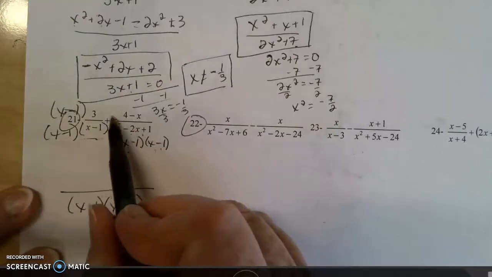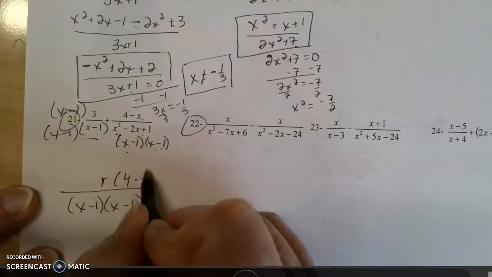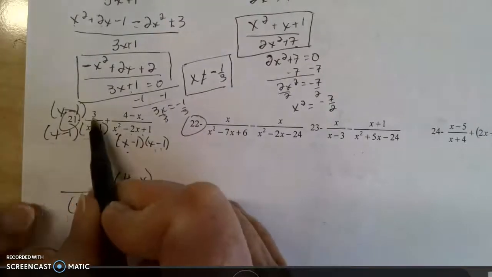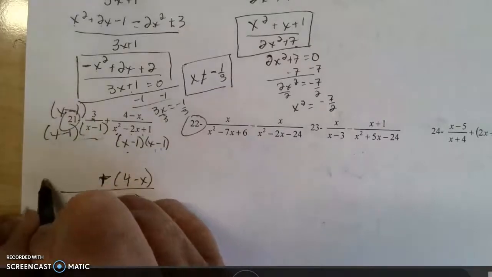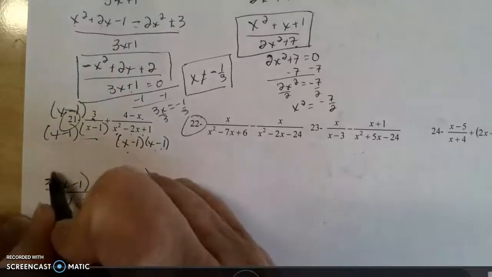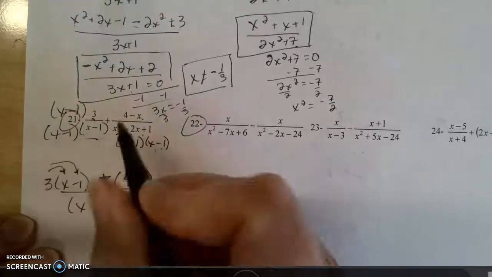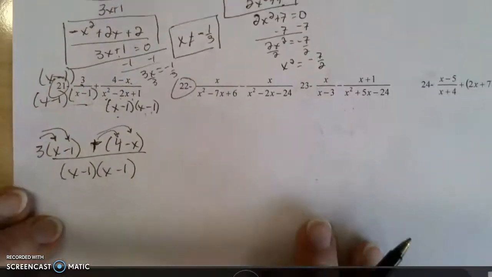Okay, here nothing changed, so it's plus 4 minus x. Here I need to take this 3 and times it by the factor that I'm timesing it by. So I'm going to distribute that through, and technically I would distribute that plus through. So I'm going to distribute now.